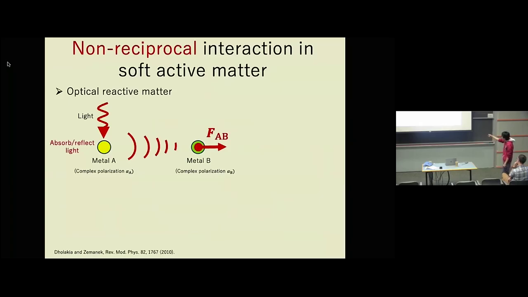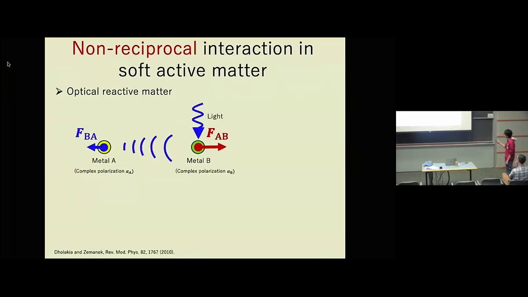The reflected light will approach B, and because of the optical force, it will give rise to something that's fair to call F_AB. The same thing occurs for B to A. But this does not have to obey Newton's third law. Why? It's because the absorption rate can be different. If you set B to be a perfect absorber, then there's no reflected light to A, so F_BA should be 0, but F_AB can be finite. So you can make this non-reciprocal.